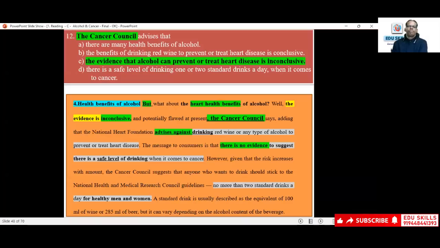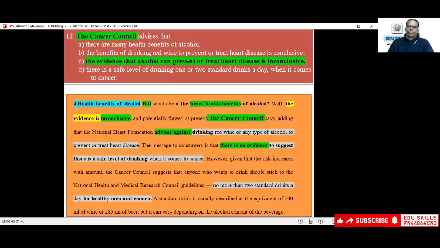Health benefits of alcohol, but what about the heart health benefits of alcohol? Well, the evidence is inconclusive and potentially flawed at present. The Cancer Council says, adding the National Heart Foundation advise against drinking red wine or any type of alcohol to prevent or to treat heart disease. The message to consumers is that there is no evidence to suggest there is a safe level of drinking when it comes to cancer.